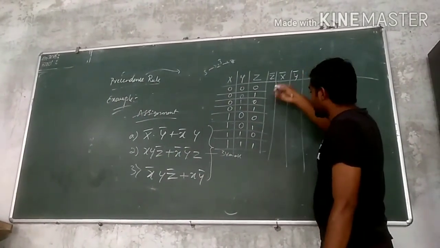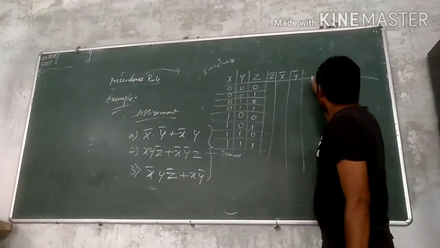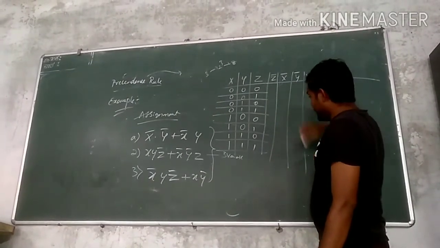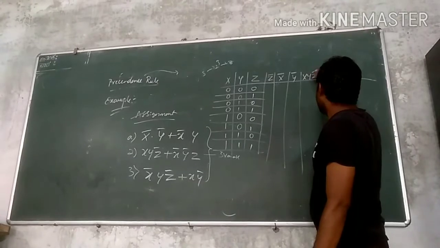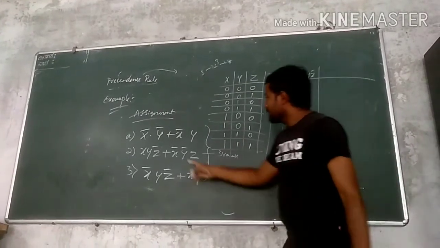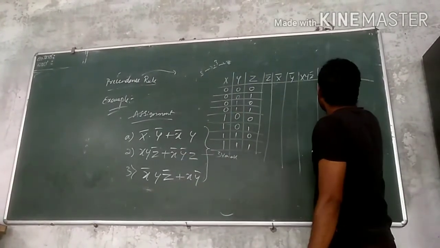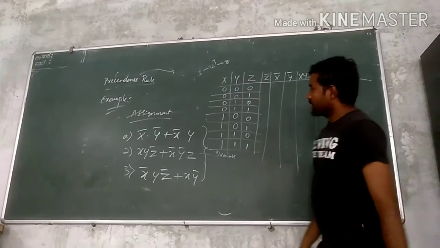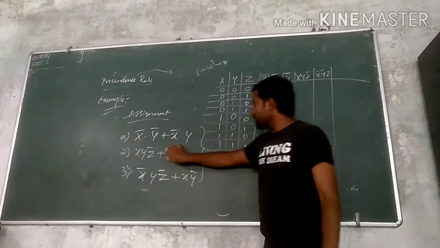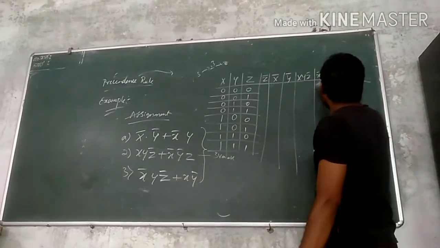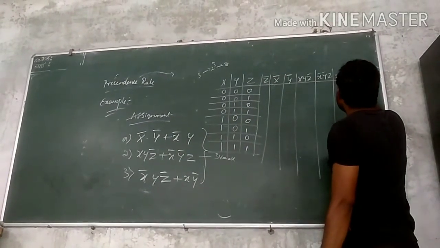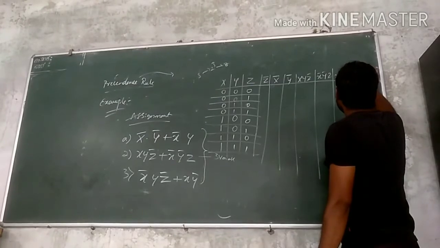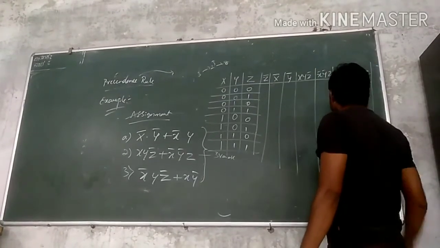Then x complement y complement z, and lastly the whole equation plus this whole equation, that is x y z complement plus x complement y complement z.